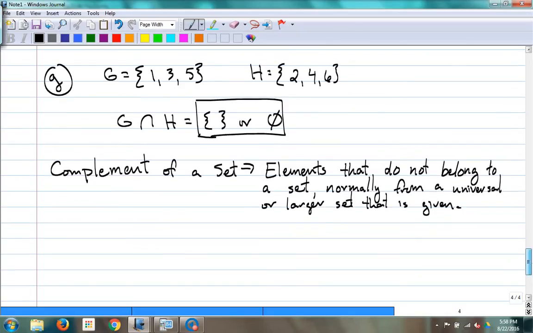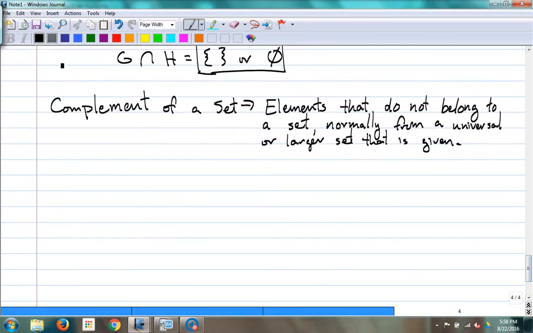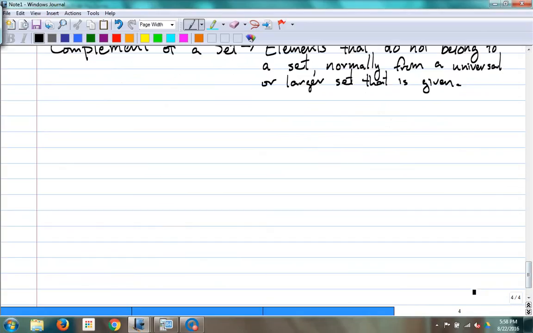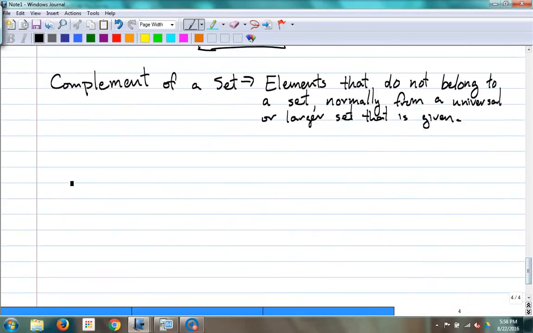So let's get a few examples here of this. I don't know what letter we're on. H. Example H. I'm going to define a few sets for you here. Set A is 1, 2, 3, 4, 5, 6, 7. A nice, easy set of natural numbers there.